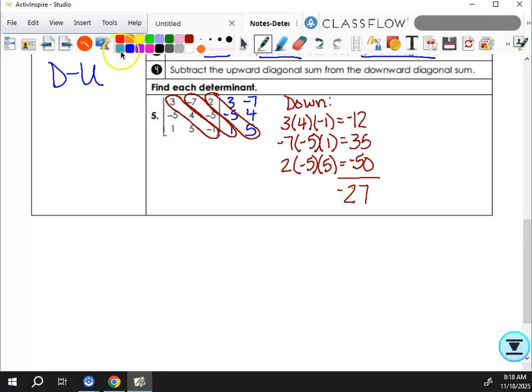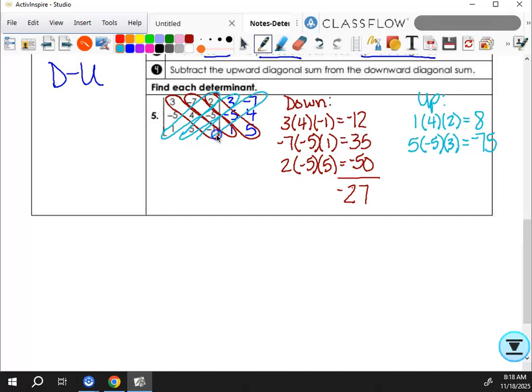Then we do the upward diagonal, starting in the bottom corner here. This is my first upward diagonal. And that's going to be 1 times 4 times 2. That's 8. Next diagonal, 5 times -5 times 3. -75.